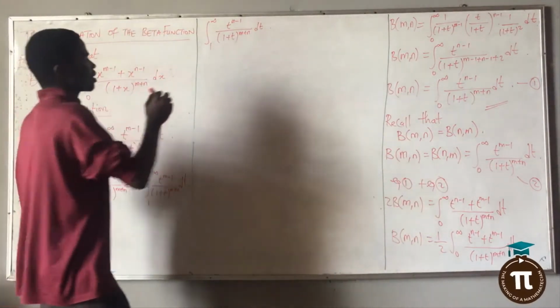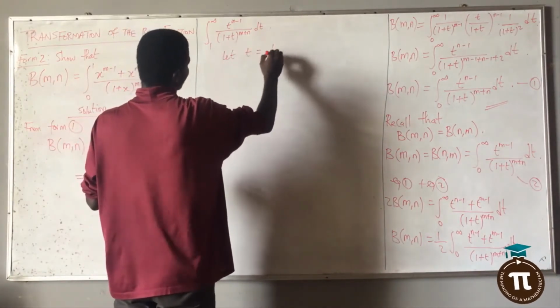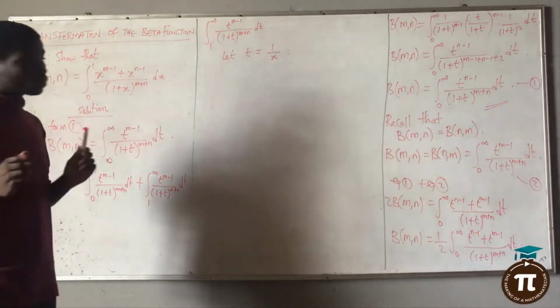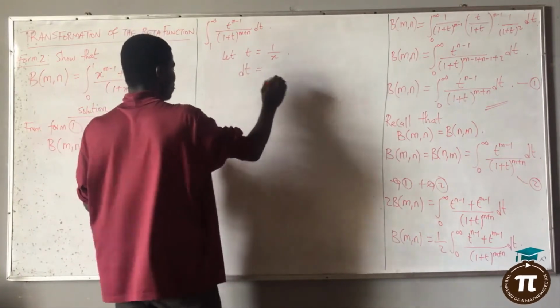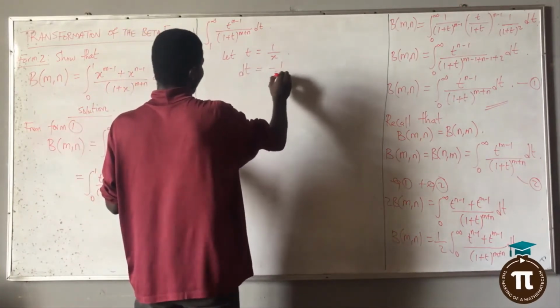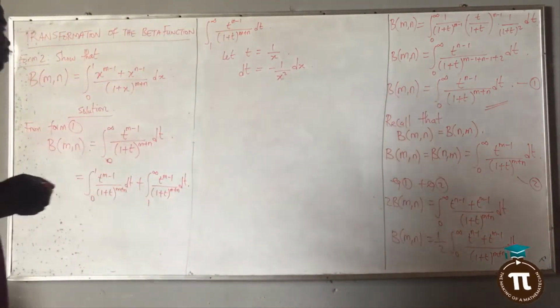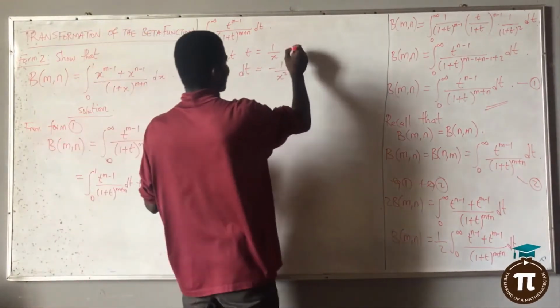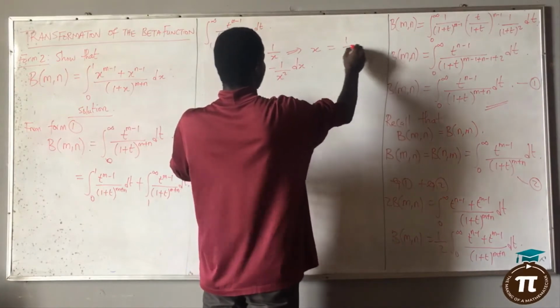In this case, I will let t be equal to 1 over x. Differentiating, dt equals minus 1 over x squared dx. Of course, this means that x equals 1 over t.